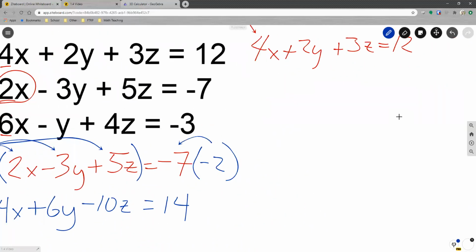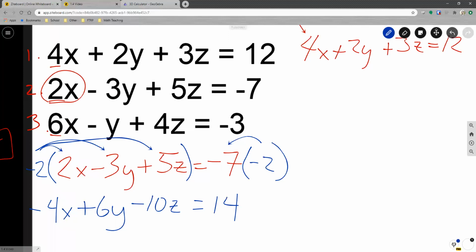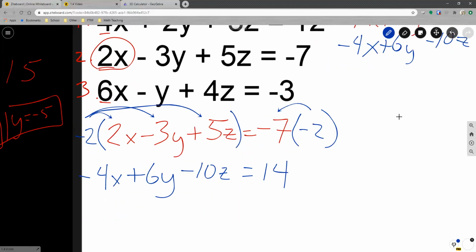So now I can take this blue equation and just put it right underneath the red equation here. And let me give these a name. This red equation up on the top is just a copy of equation number 1. This blue equation that I created, I'm going to call this new equation number 1.